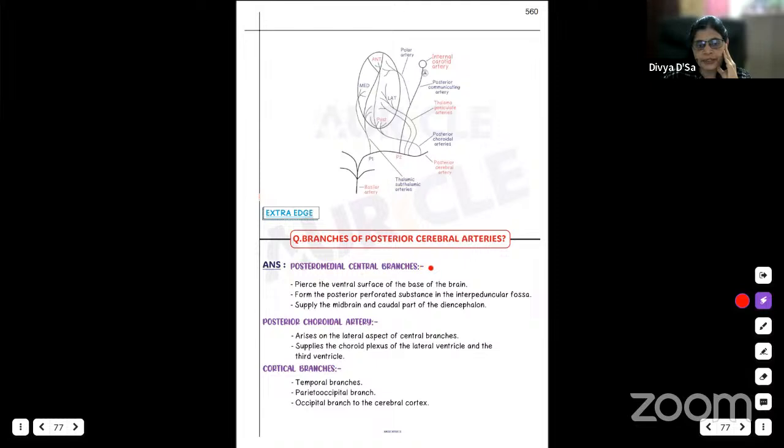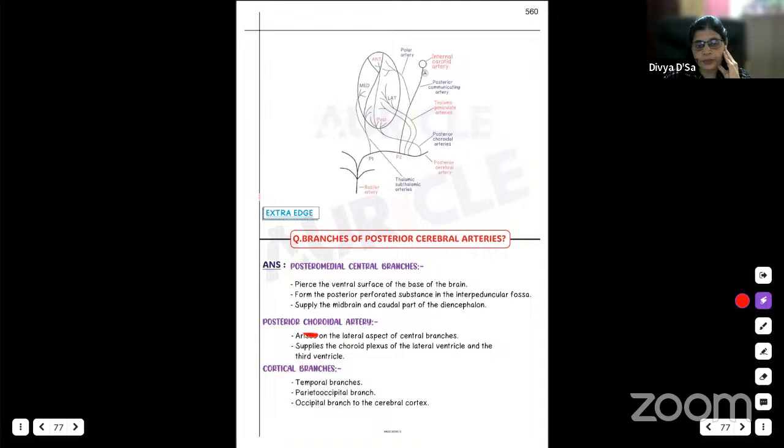So posteromedial central branches pierce the ventral surface of the base of the brain, forming the posterior perforated substance in the interpeduncular fossa, in the anterior part near the base of the brain. It supplies the midbrain and caudal part of the diencephalon.